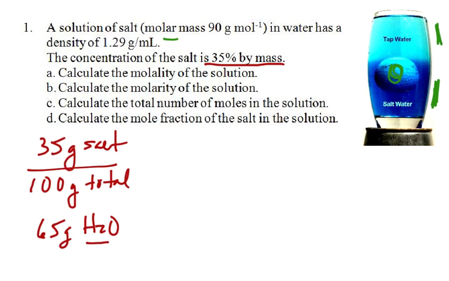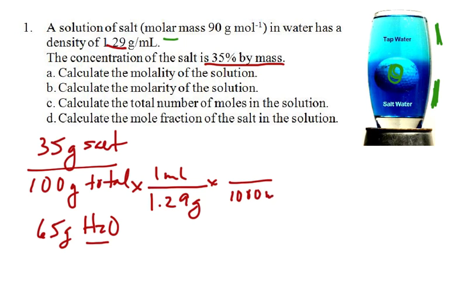And 100 grams total. Our density here is going to be helpful because we can say, if the whole solution weighs 100 grams, we know it's 1.29 grams per milliliter. And we can change that into milliliters. We know that 1,000 milliliters is 1 liter.